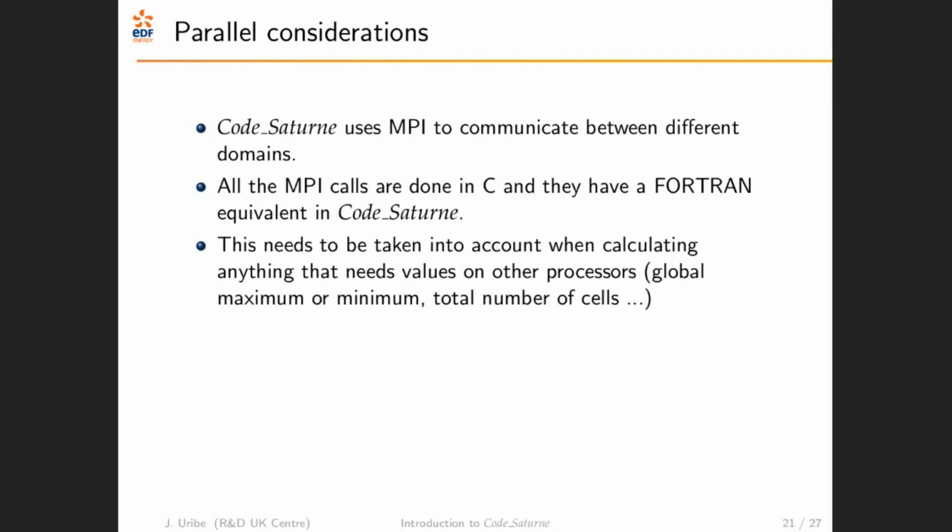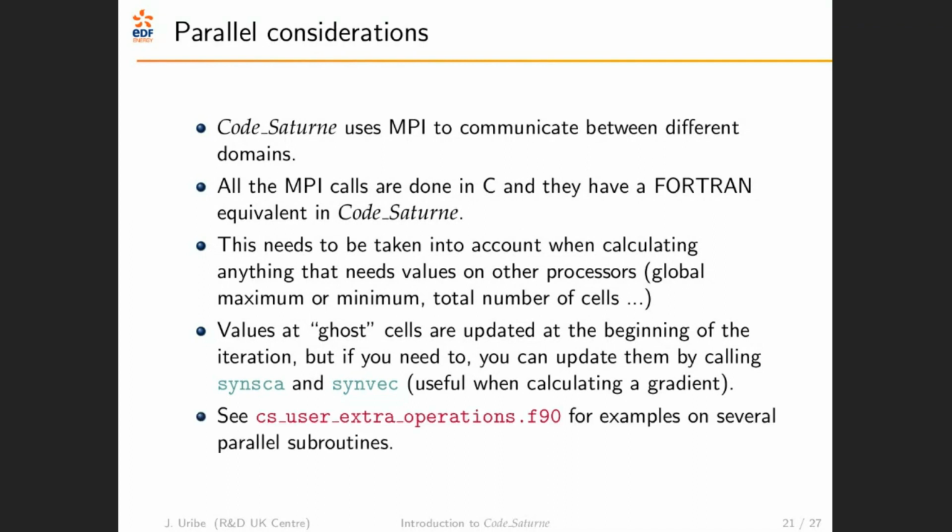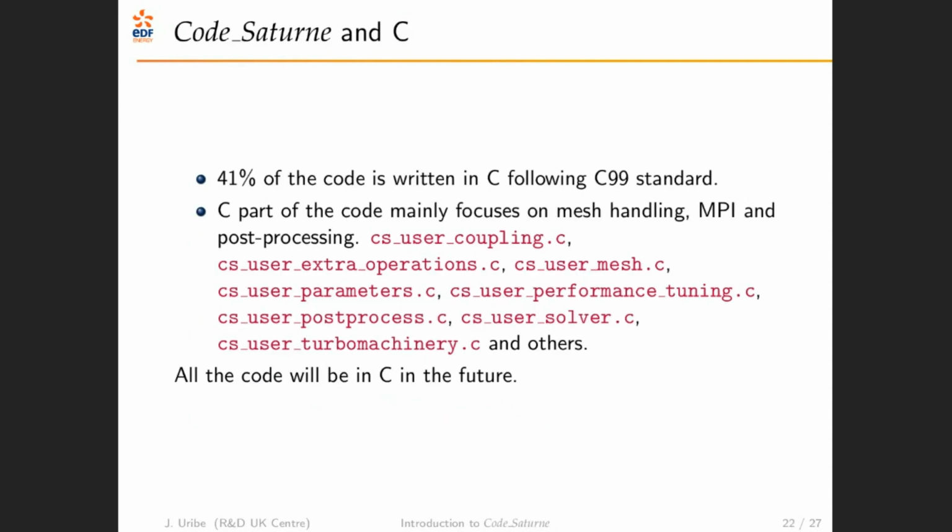And so we have wrappers for things like MPI allreduce and all those things. So we have specific functions in Saturne that are much shorter and easier. There's a full list of all of these functions in cs_user_extra_operations, in one of the examples for these parallel subroutines.